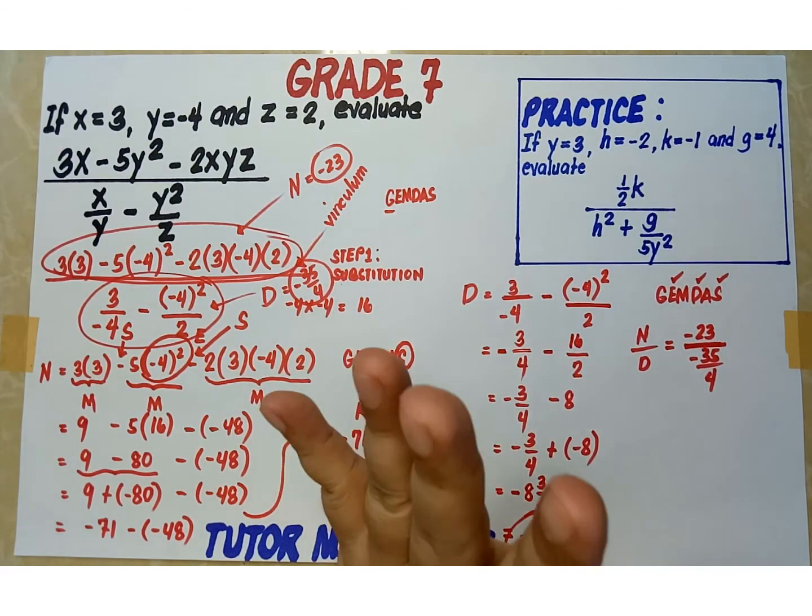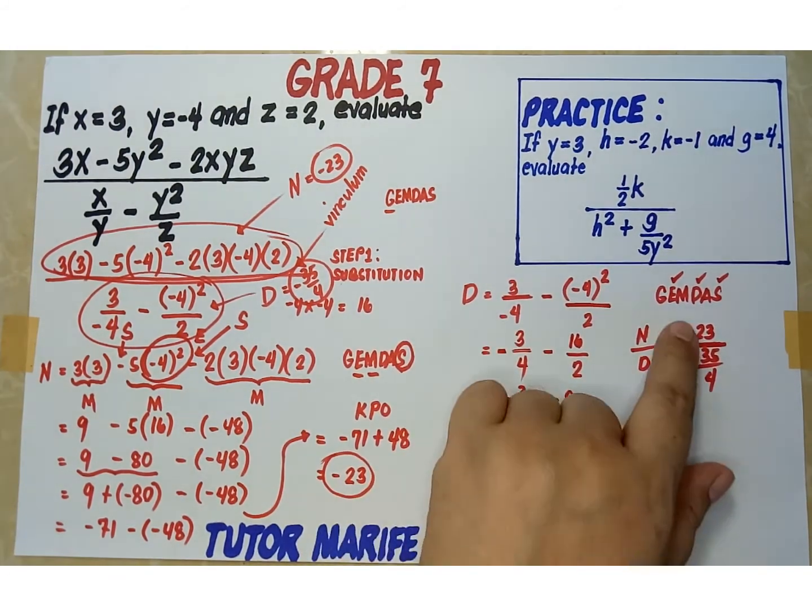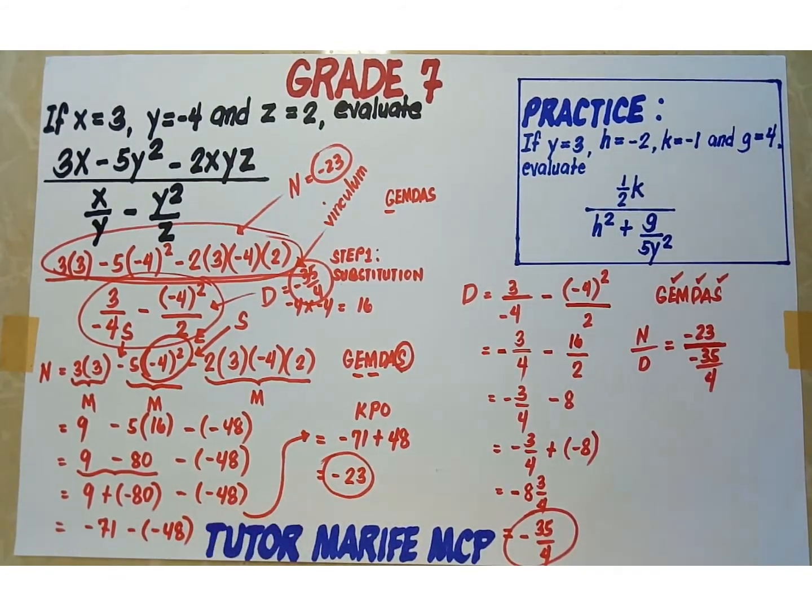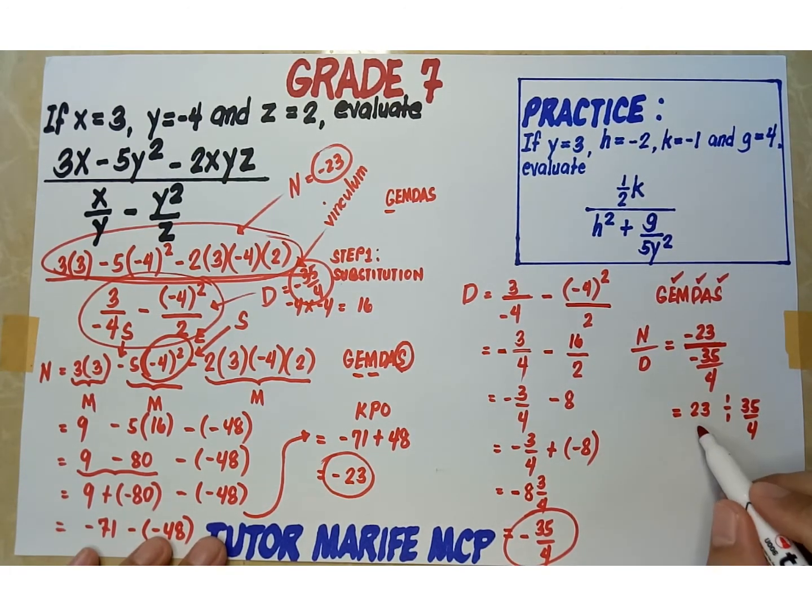Okay, so since positive, pwede mo nang i-ignore yung mga dalawang negatives na yan. Kasi alam na nating positive ang answer. And then how do we divide? Let's rewrite this as 23 divided by 35 over 4. Tinanggal na natin ang negative signs kasi alam na nating positive yung answer. Lahat ng whole numbers merong invisible denominator na 1.